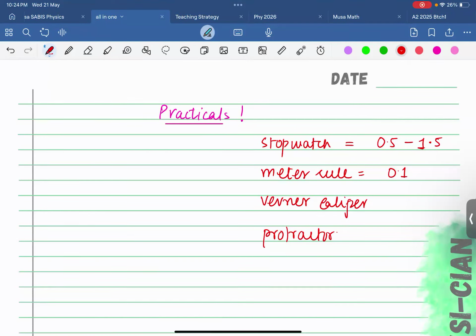But for any measuring instrument, mainly the meter rule, we generally use 0.1 centimeter as our error as well, and it is also the least count. For the vernier caliper, it is going to be 0.01.